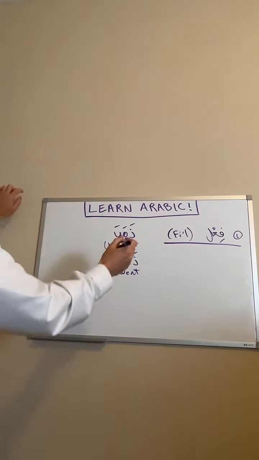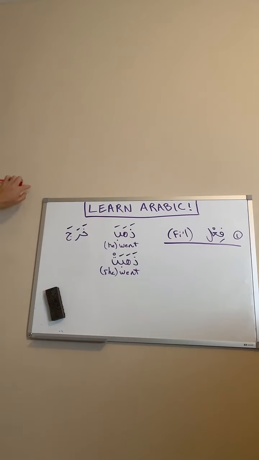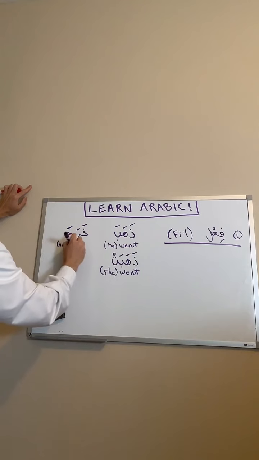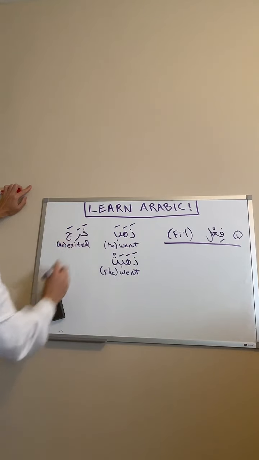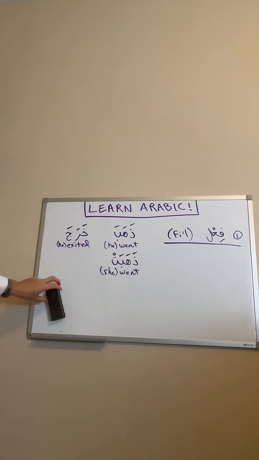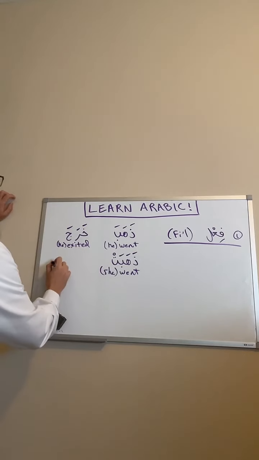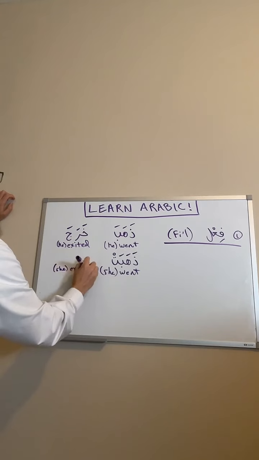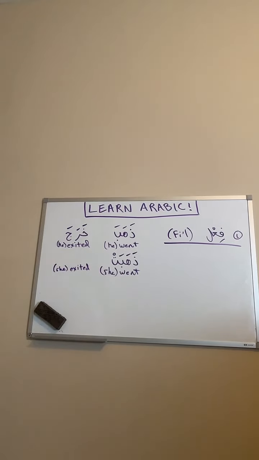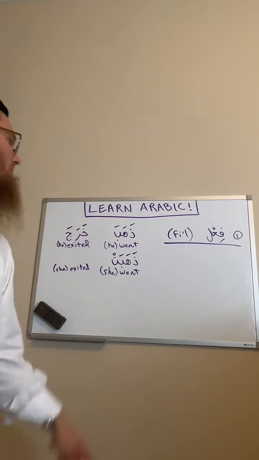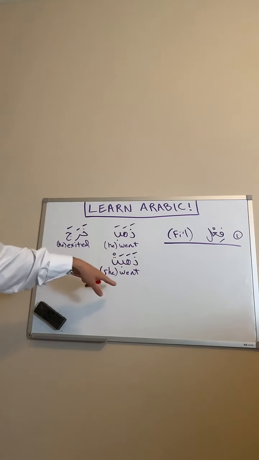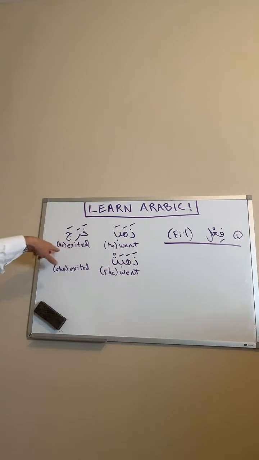Let me add another word. Kharaja means he exited. How would we say she exited? Who knows? Based on the first example, ذهب, he went, ذهبت, she went. خرج, he exited.